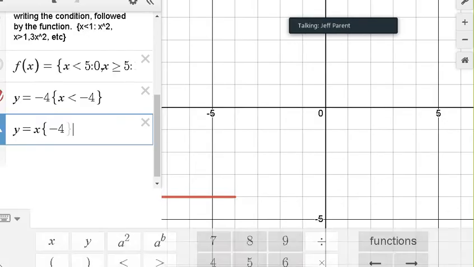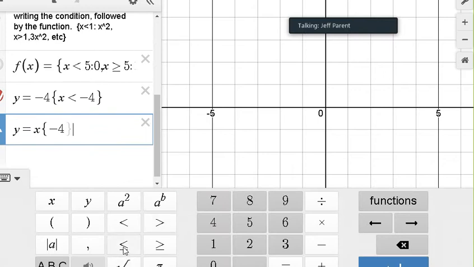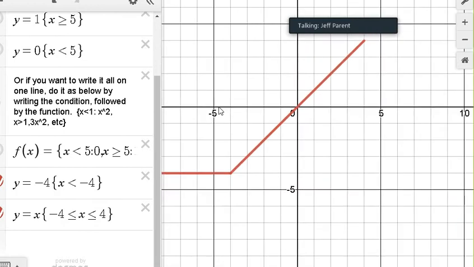One of them is with the keyboard. There's a less than or equal to right there. Or you could type the less than key followed by the equal to key, and it does just the same thing. Puts in that less than or equal to. So there's the next part of this.